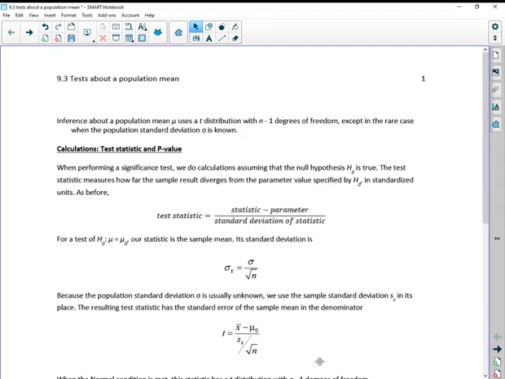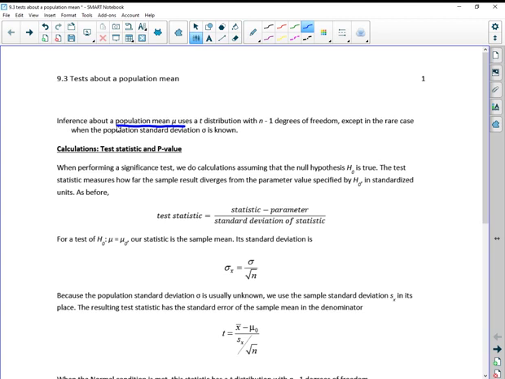We've been working on tests about a population proportion, and those involved Z distributions because proportions are based on the entire population. So that's why that would use a Z. But when we're doing inference about a population mean mu, since we don't know everybody out there, we're taking a sample to predict about the population.